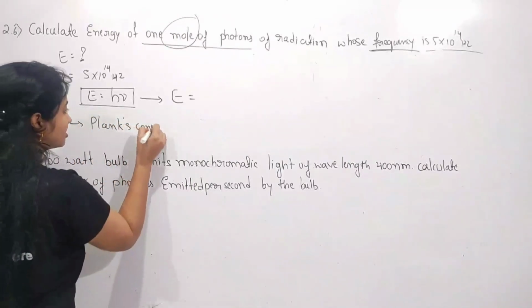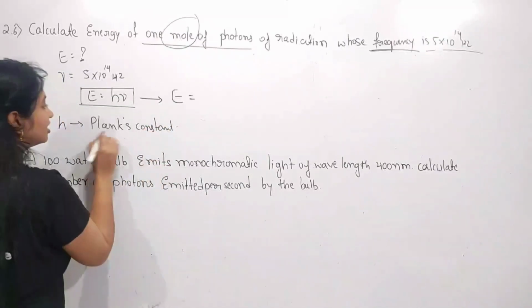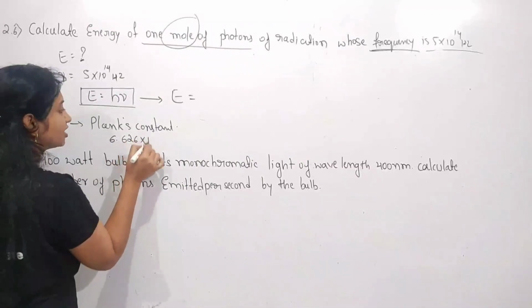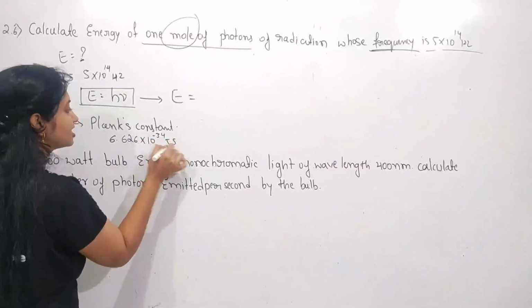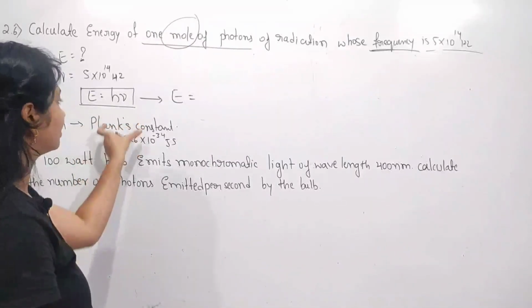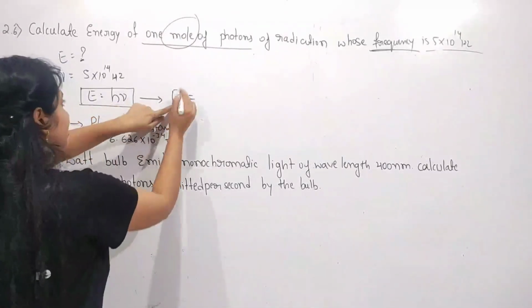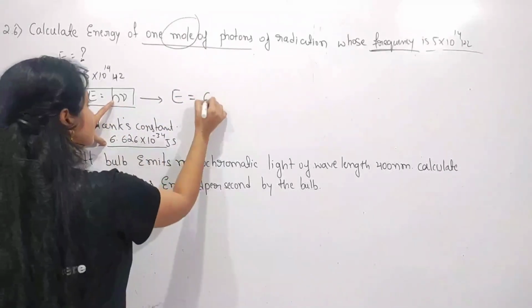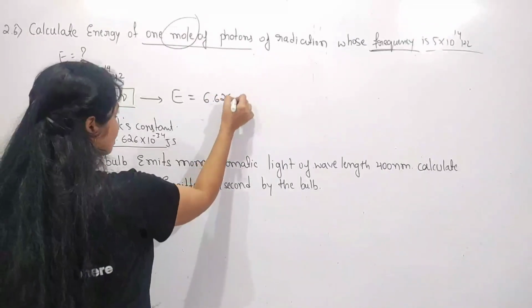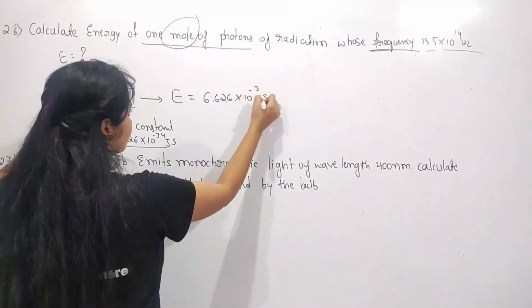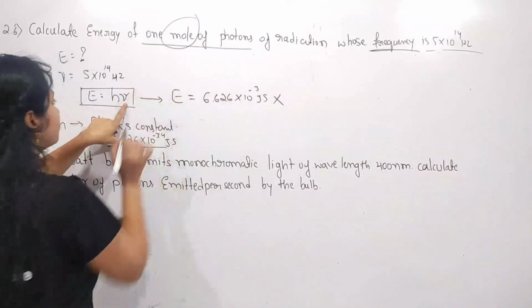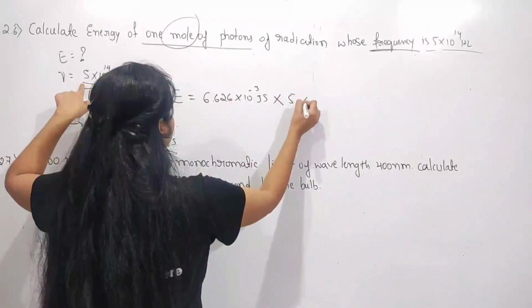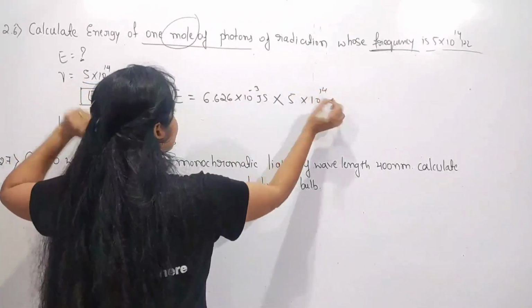The value of Planck's constant is 6.626 × 10^-34 joule second. So E = 6.626 × 10^-34 joule second times the frequency they gave us, 5 × 10^14 hertz.